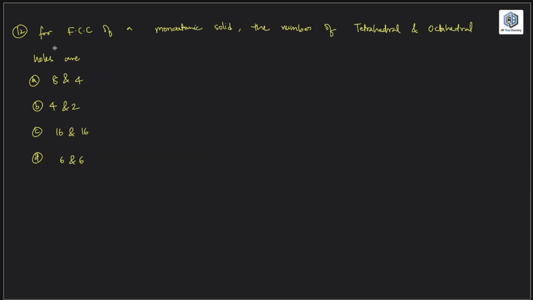Okay, let's take the next question. It says that for FCC of a monoatomic solid, the number of tetrahedral and octahedral voids is how much? It is very simple. You know that for FCC, the number of atoms per unit cell is equal to 4, right?